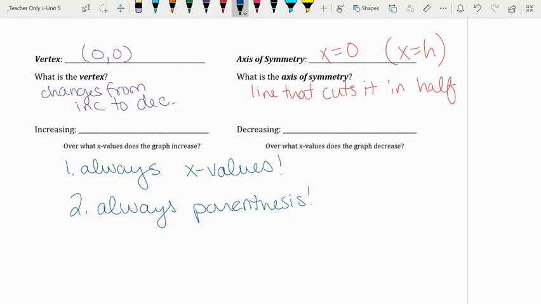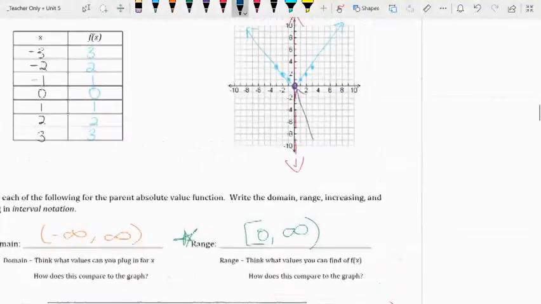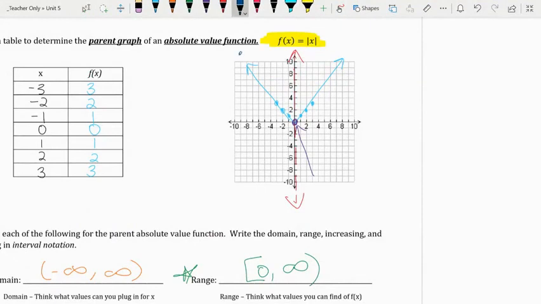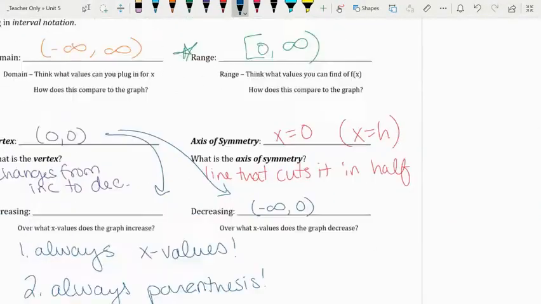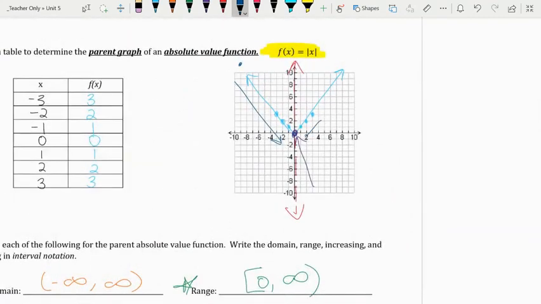So where basically your vertex helps cut it in half. So it's going to be negative infinity to 0 is one of these, and then 0 to infinity is another. So I always start just from left to right. From negative infinity to 0, it would be decreasing. So I'll write that in the decreasing. And then that means from 0 to infinity, it's going to be increasing.